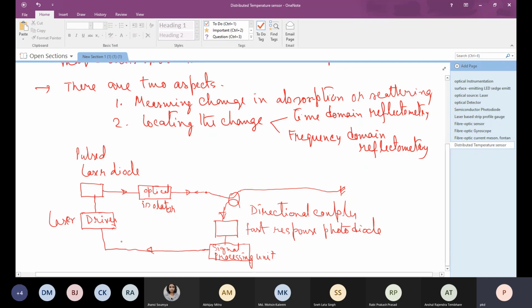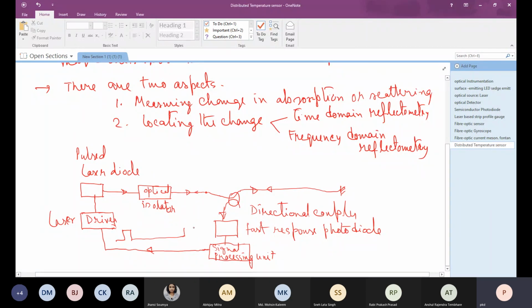Now typically the resolution of the space depends on the pulse width, because what is happening is that we are launching a pulse here and then measuring the backscattered component. So therefore the resolution will depend on the pulse width and the range will depend on the repetition rate.